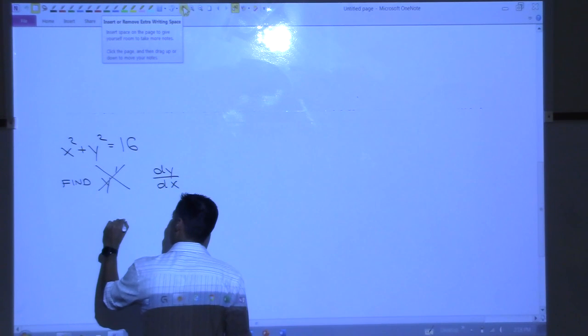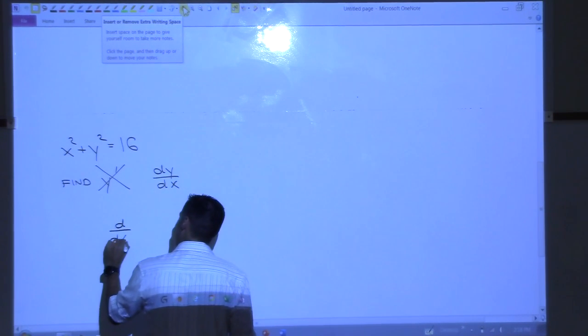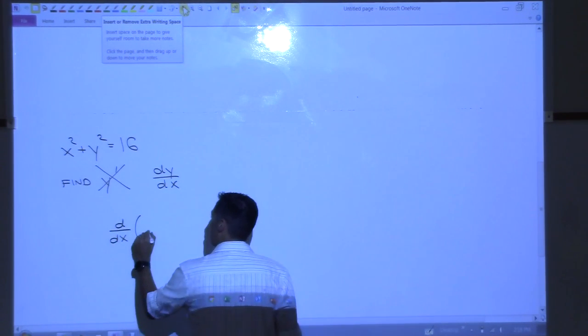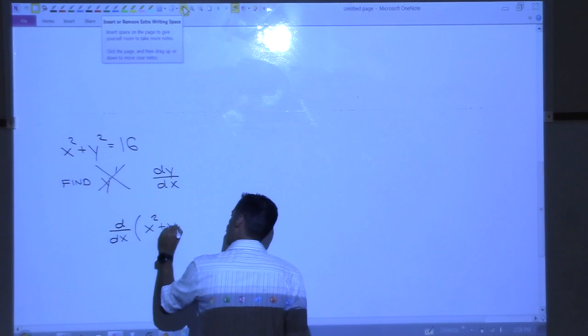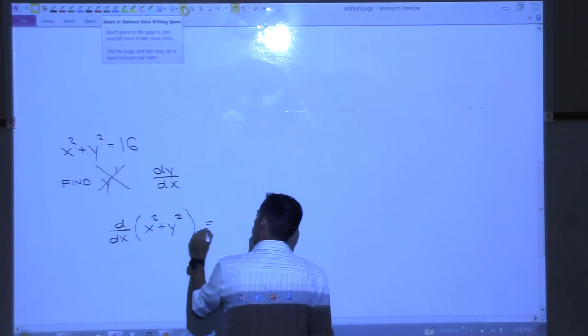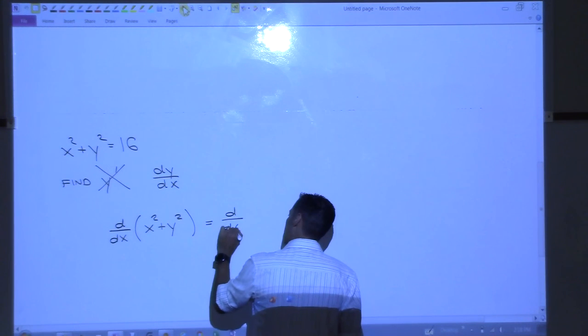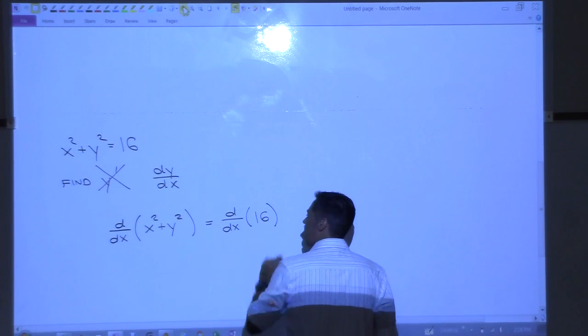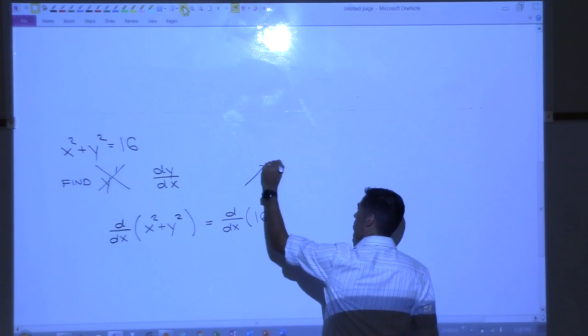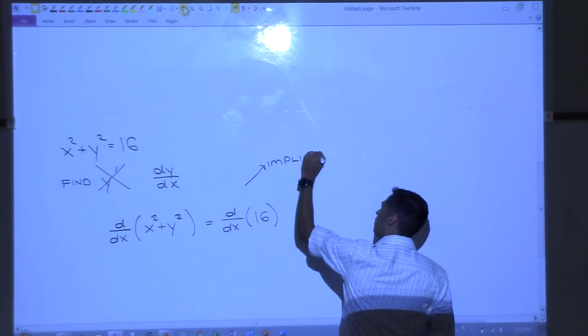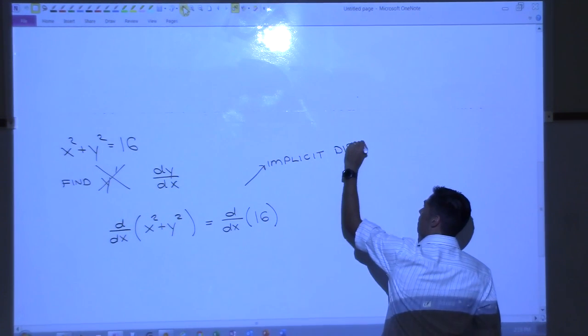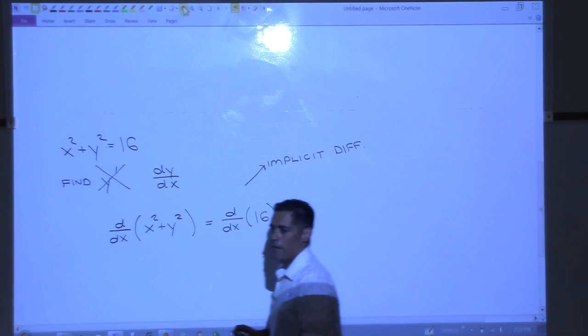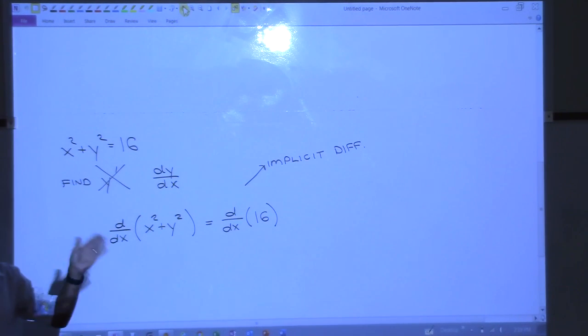We are going to take the derivative, treating x as our independent variable, on the left side. And then we are going to take the derivative, treating x as our variable, on the right side. And this process right here is called implicit differentiation. All you're doing is taking the derivative on both sides.